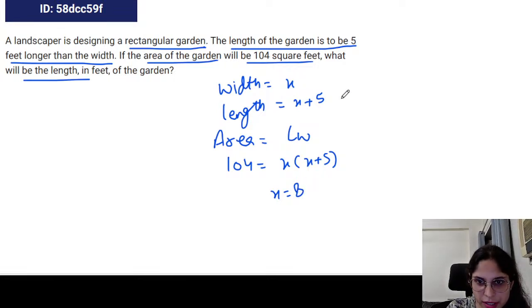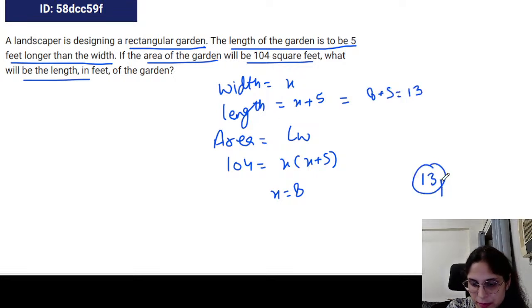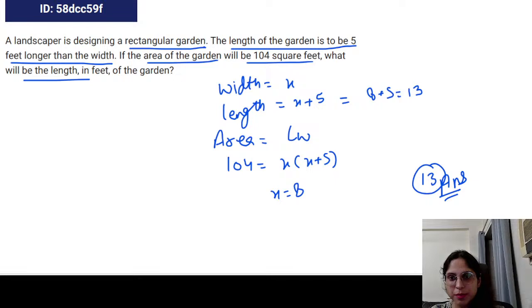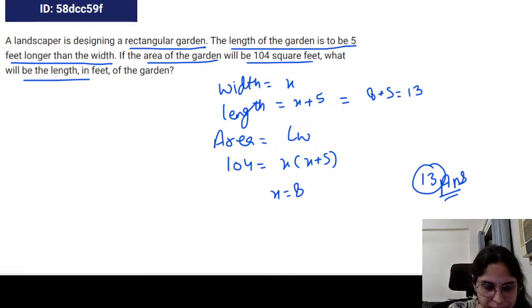Length is x plus 5, so that is 8 plus 5, that is 13. So your answer is 13. Because they are asking you to find the length, not the width. That is where you can be caught in this particular question. Always read what they are asking in the question.